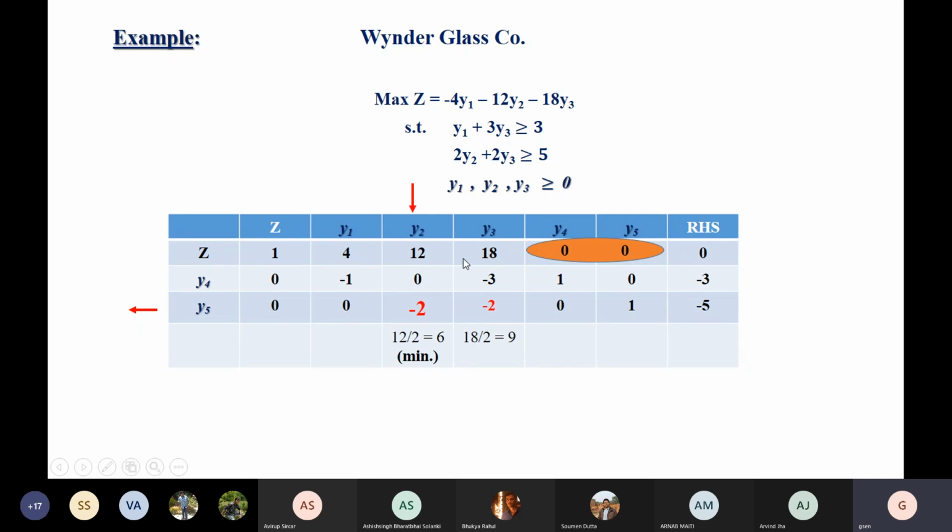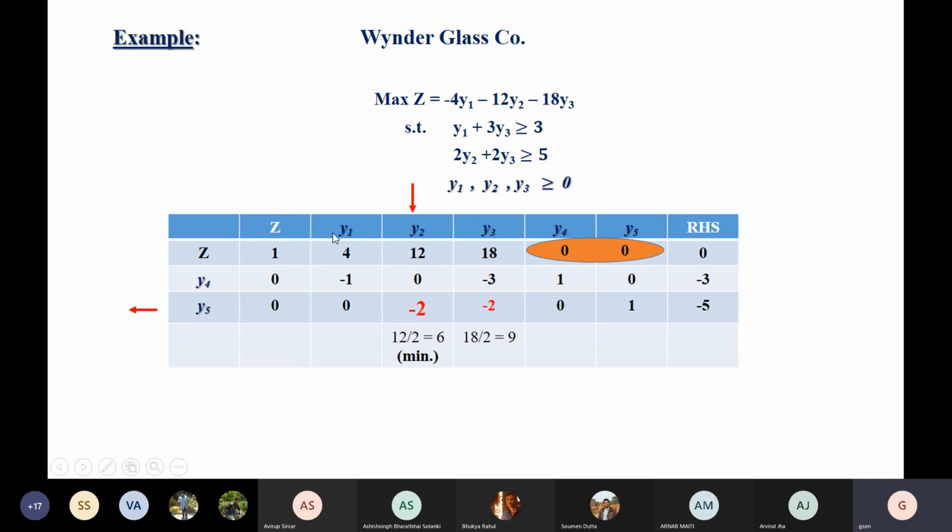For the non-basic variables, what are the non-basic variables? y1, y2, y3, right?